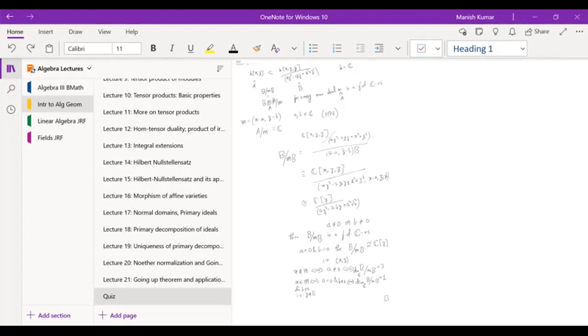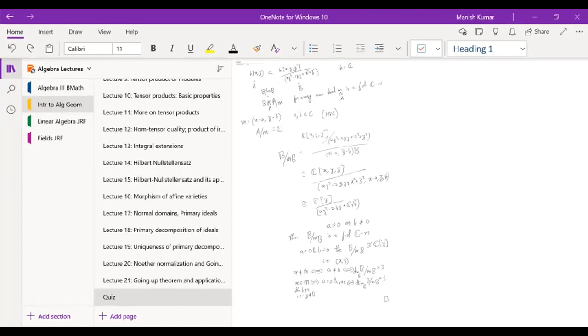So for the polynomial, you just factor the polynomial into irreducible factors, and since you are in a UFD, each irreducible factor generates a prime ideal.